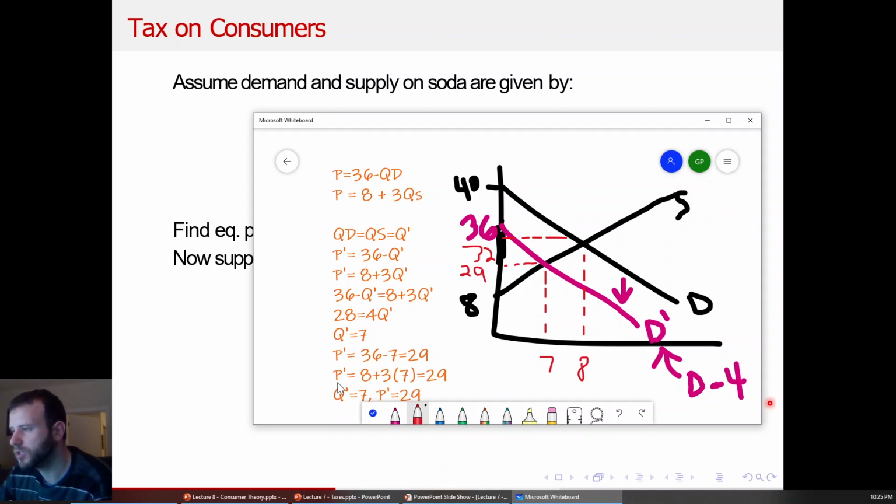So 29 is the price that consumers pay to producers. Okay. But they also pay $4 in tax. So if I go up here, and sorry that this isn't drawn to scale, I add the tax back, this should be 33. So the demand curve should have been a little bit above here, just the way that I drew it.